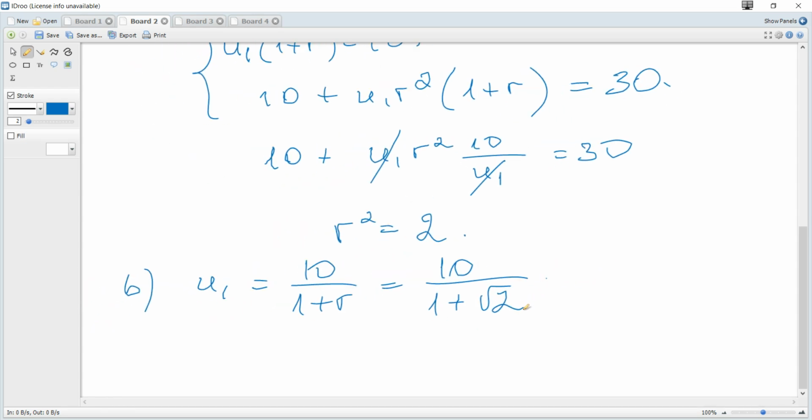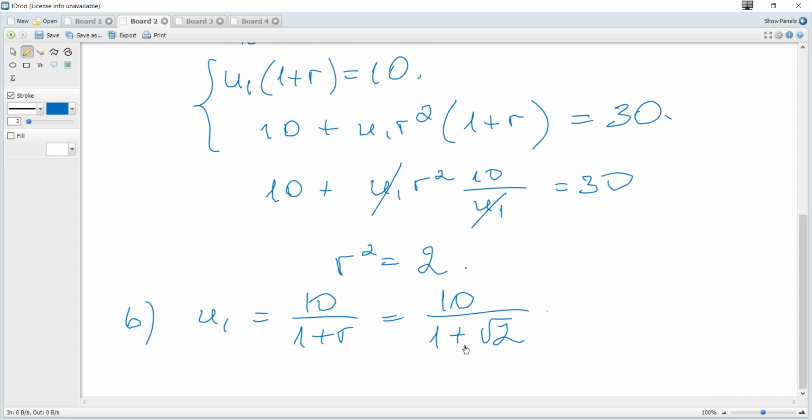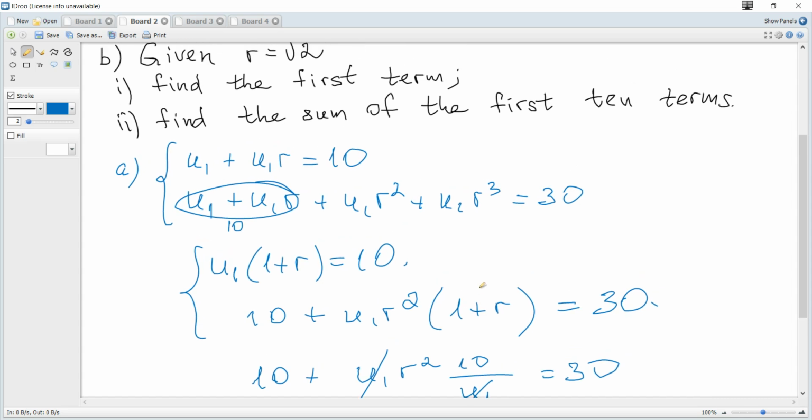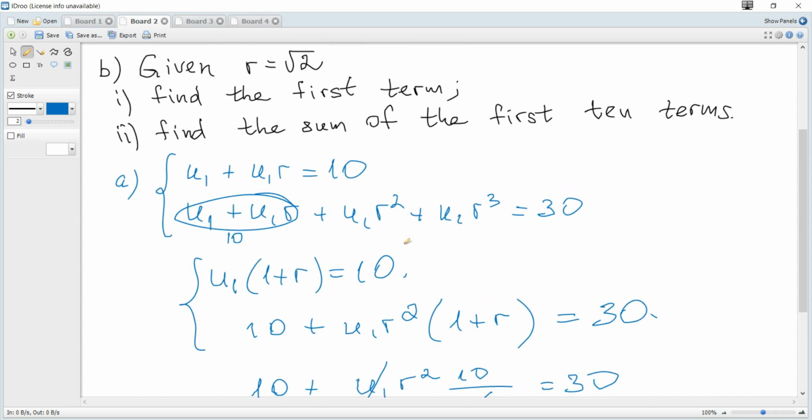In general, we can multiply by 1 minus root 2 to get rid of the irrationality in the denominator, but it's not required, or we can do that later for the next problem if it would be required.